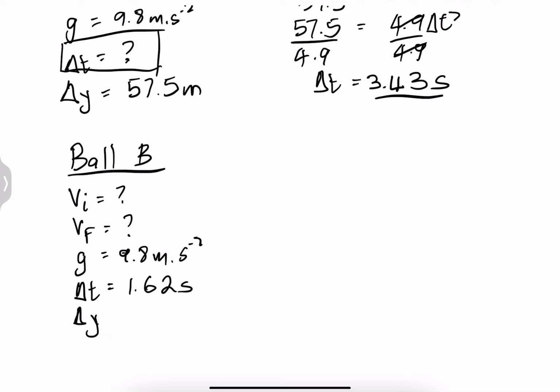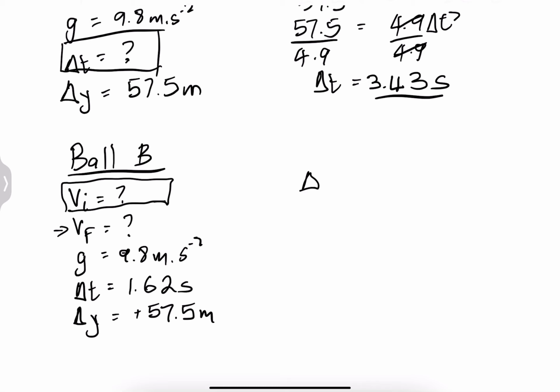And we know it would have been displaced as well, a positive 57.5 meters, right? So in this case, once again, we're looking for the initial velocity. We do not have final velocity, right? So the only equation without final velocity, well, funny enough, ladies and gents, we're still going to use the very same equation because that's the only one without final velocity, right?